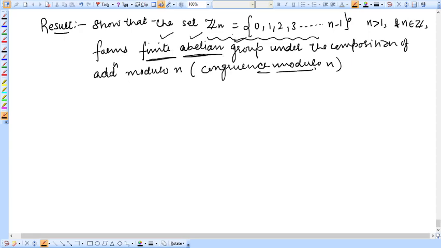Okay, this group is known as the additive group of integers modulo n, right?